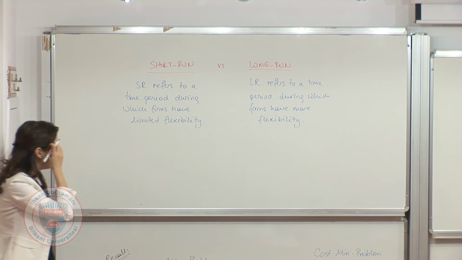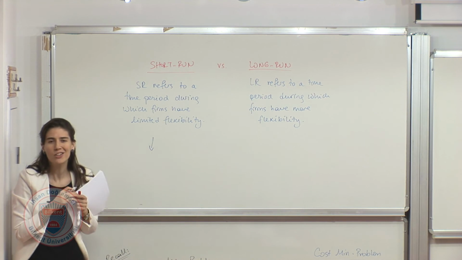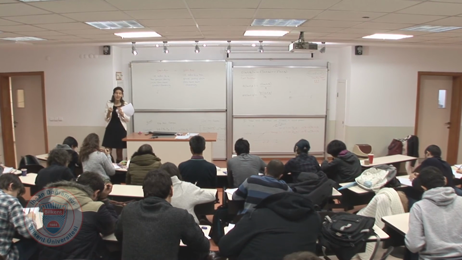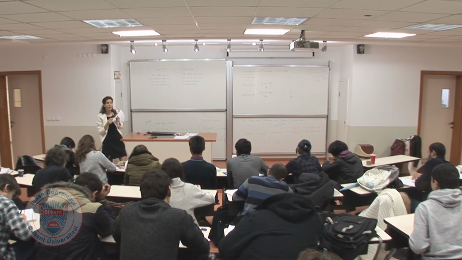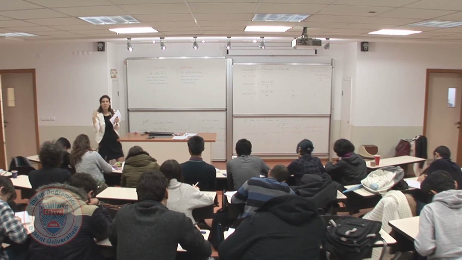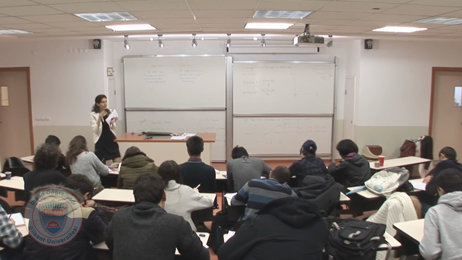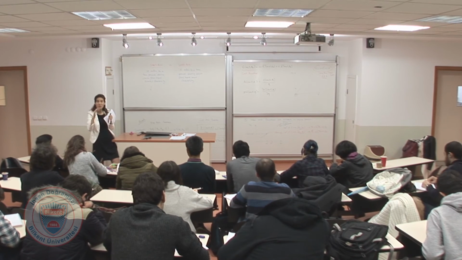This flexibility can also be thought of in terms of technology. In the long run, firms' technology might change. But in the short run, firms' production technology is also fixed.